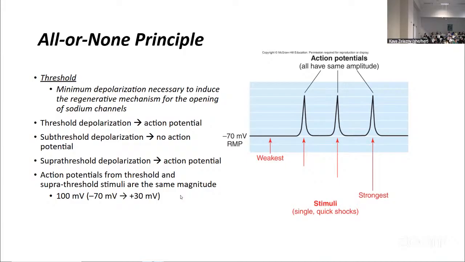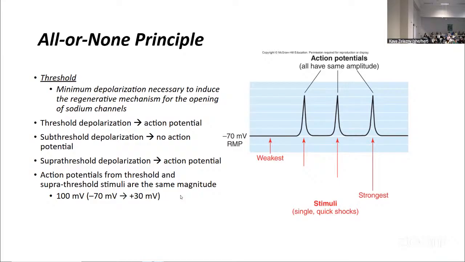A supra-threshold depolarization, so supra, more, extra, above. Even if you have a really strong stimulus, you're still going to just fire the same action potential. You're not going to have an action potential that gets to +50 instead of +30 just because you had a really big stimulus.